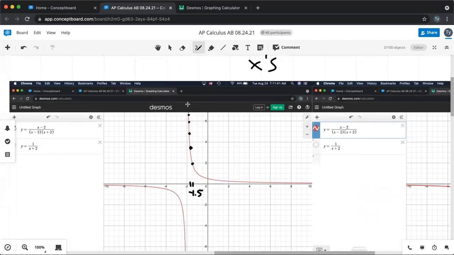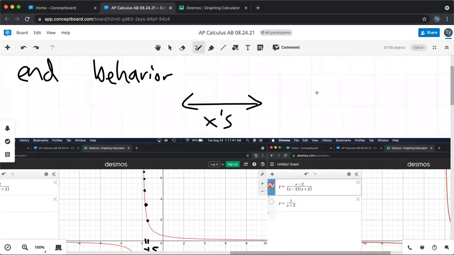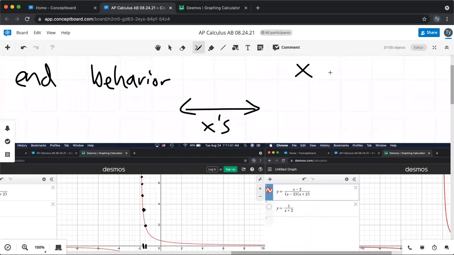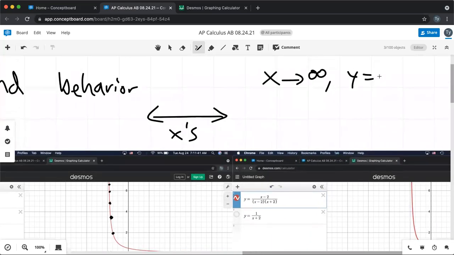So for example, as x goes to infinity, so we're going towards infinity in the x direction, in other words, to the right, we can see that our function approaches 0. It doesn't get to 0, but it gets closer and closer to 0. Okay, so that would be the end behavior. As x approaches infinity, our function y approaches 0.